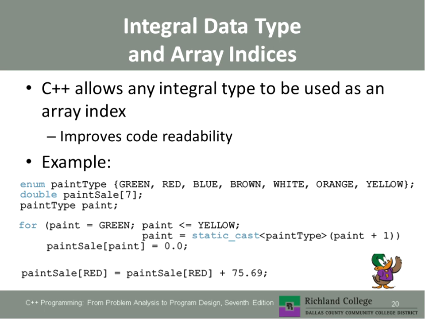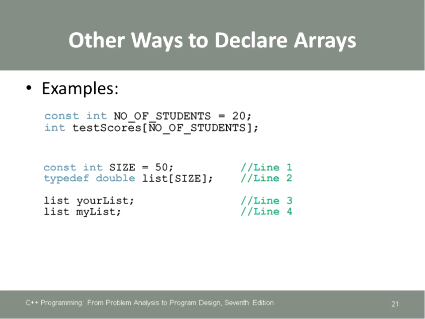So a human reading it can just say the red paint sale needs to be incremented by 75.69. It's easier to read. That's why you want to use enumeration types, which are still integral types, but humans will read them like they are strings.